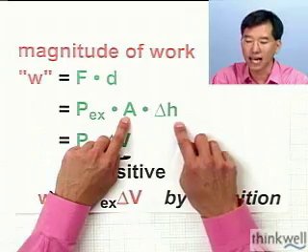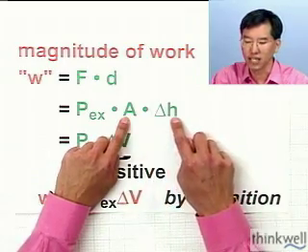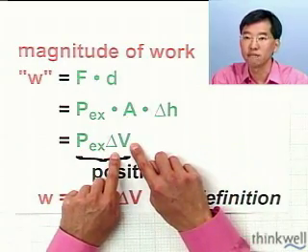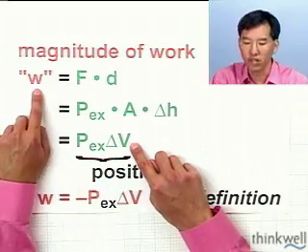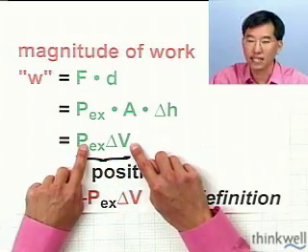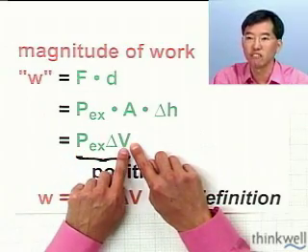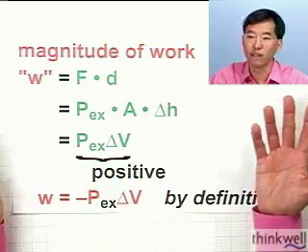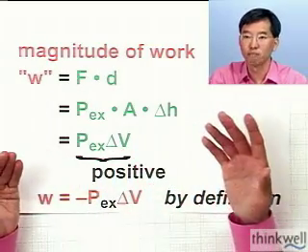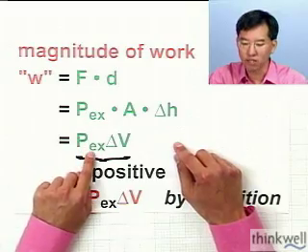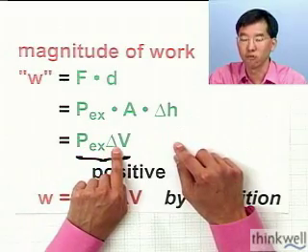And we've already said that the cross-sectional area times the change in height, that's the change in volume. So we now have that the work done is actually the external pressure times the change in volume. And this is why we call it PV work, right? It actually is equal to the external pressure times the change in volume for the system.